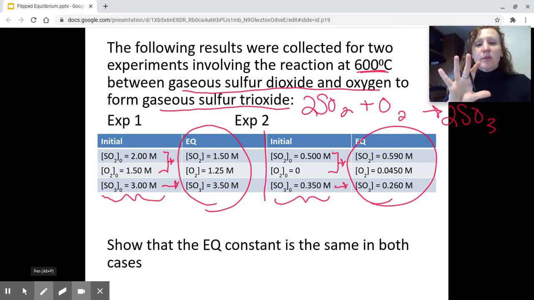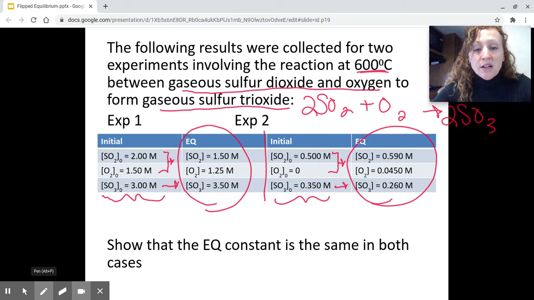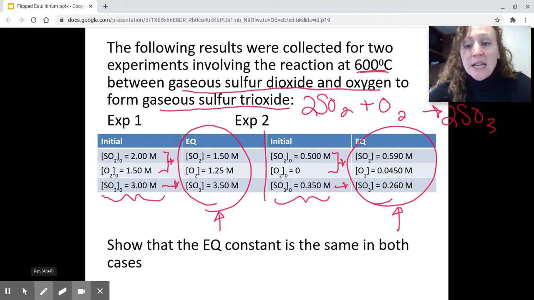So they started in different places, they shuffled to different places, and then notice our equilibrium positions. Our equilibrium positions for experiment 1 and experiment 2 don't look anything alike. They're at completely different equilibrium positions, right? The thing we want to verify now is that their Ks are the same.